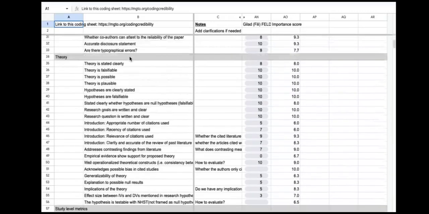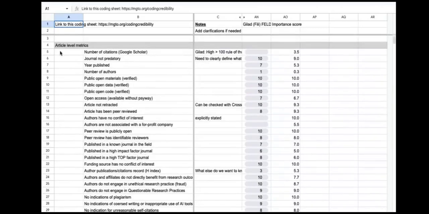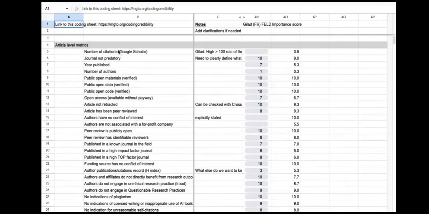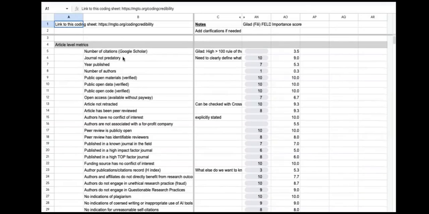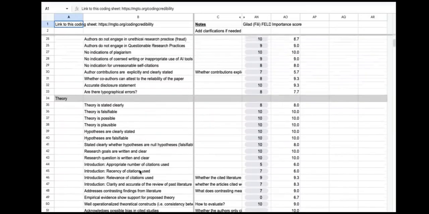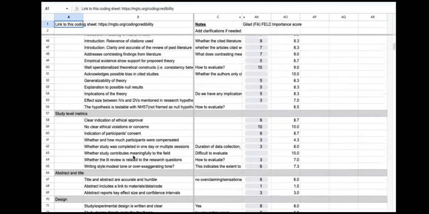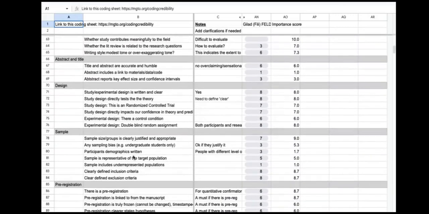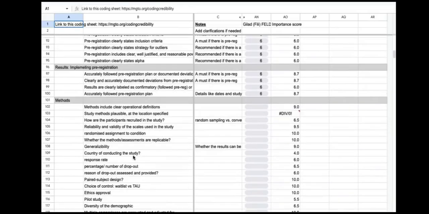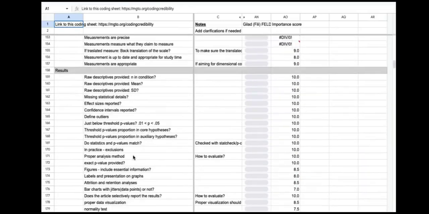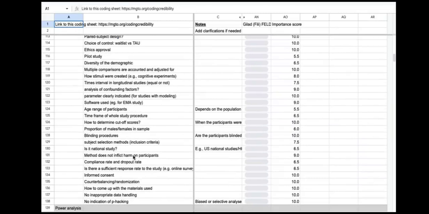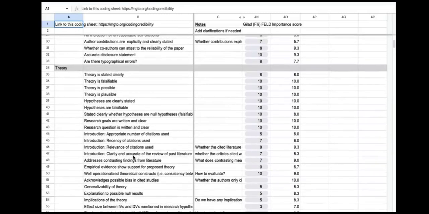It's separated by different sections. So here you have, for example, on the article level, the number of citations, whether the journal is predatory or not, and it goes into theory, study level metrics, abstract and title, et cetera. So this is a very long and extensive document, but there are a few things to really think about here.